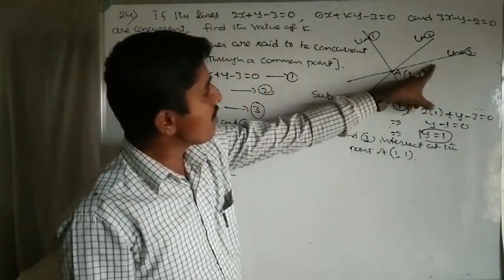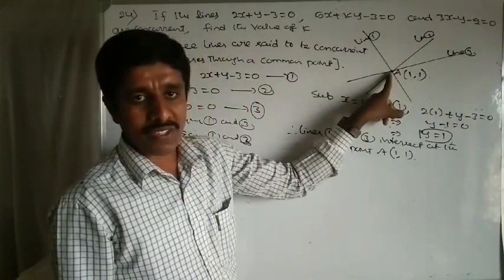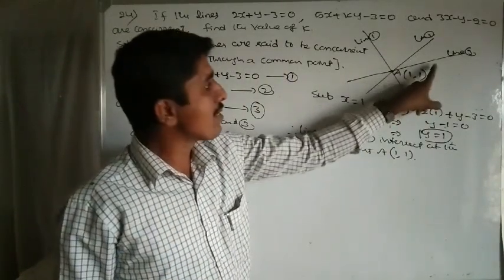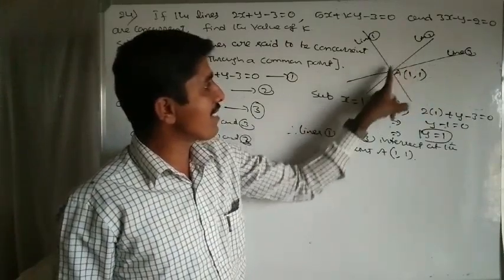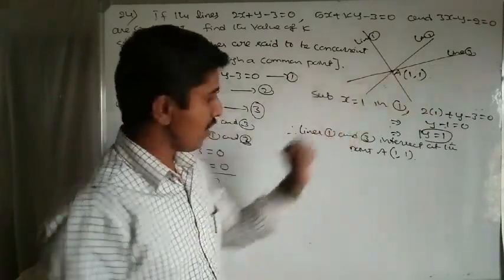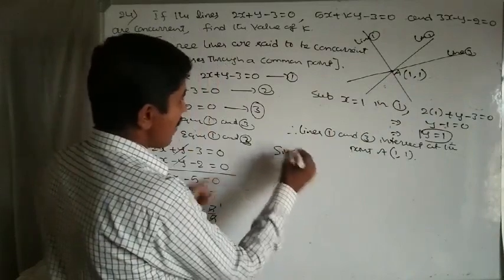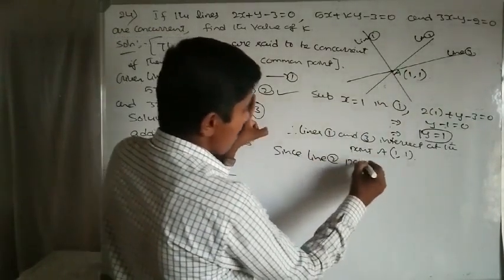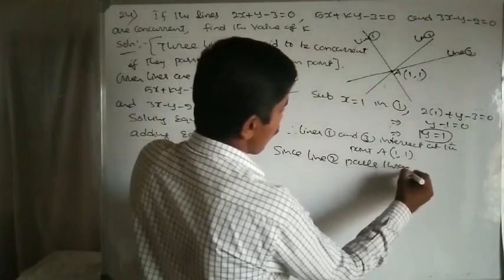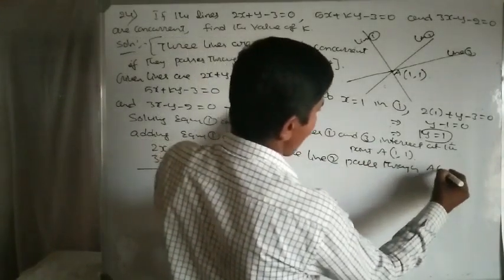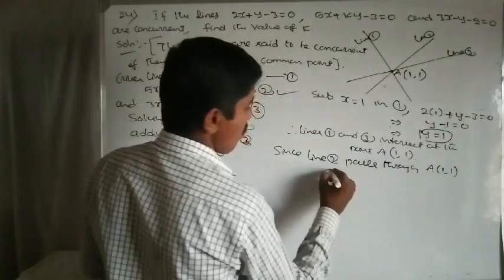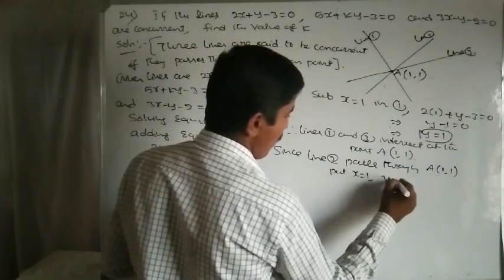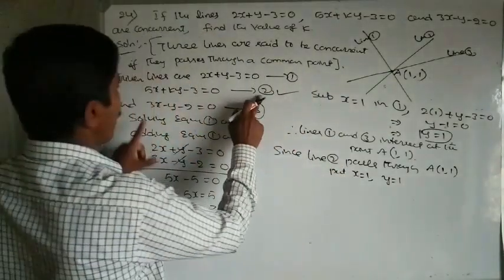Similarly, line 2 also passes through the same point. We are given that three lines are concurrent, which means the second line also passes through the same point A (1, 1). Substitute x equal to 1 and y equal to 1 in equation 2.